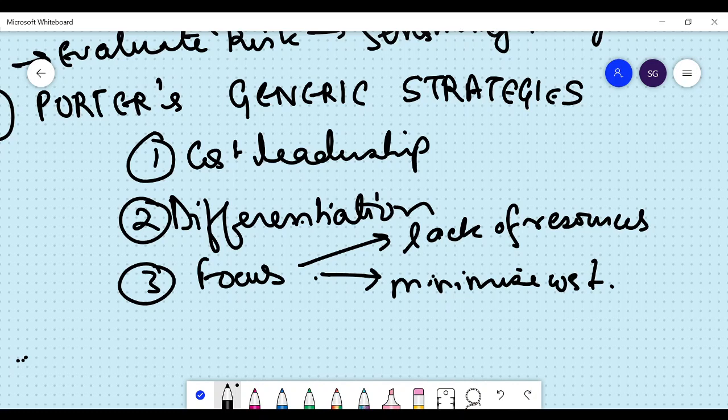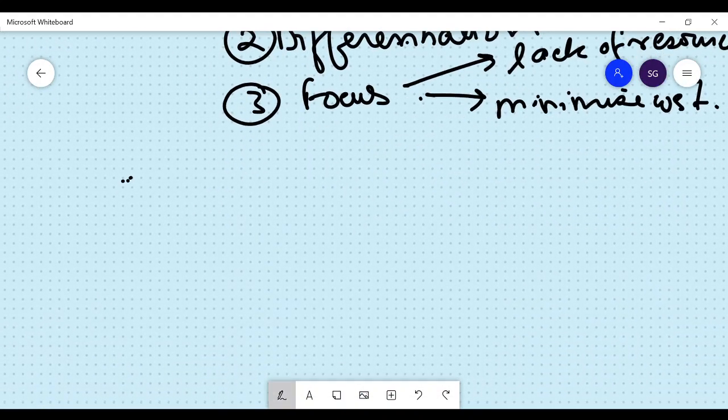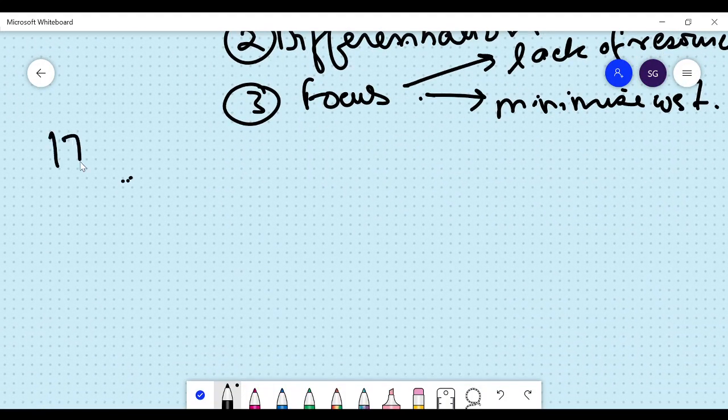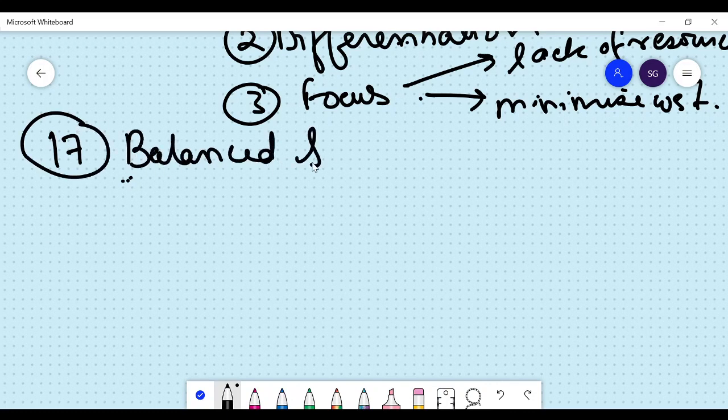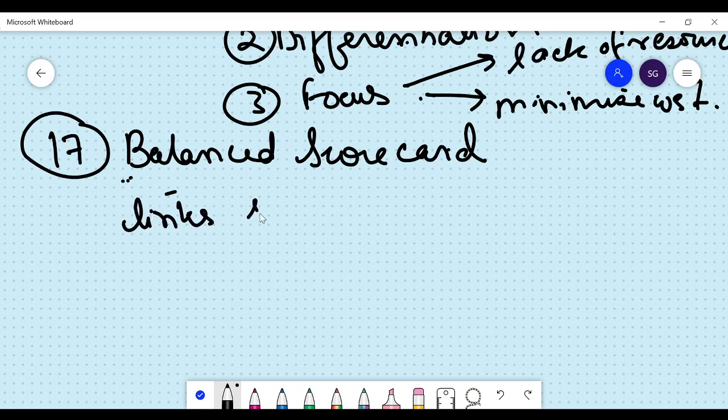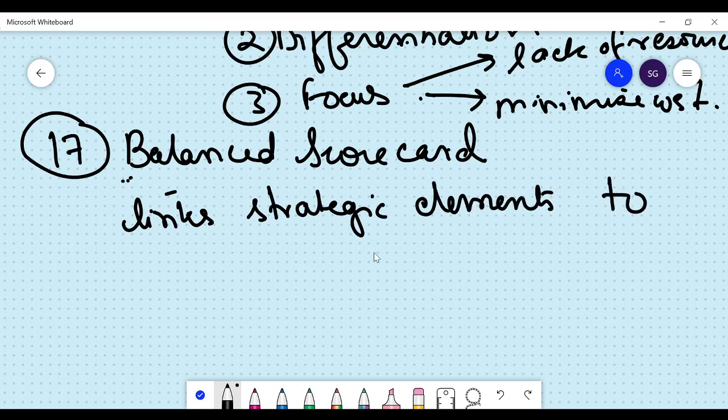Next topic is balanced scorecard, which is a 17th point. The key feature of balanced scorecard is that it links strategic elements to operational elements.